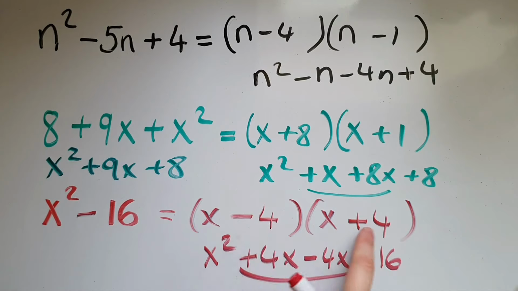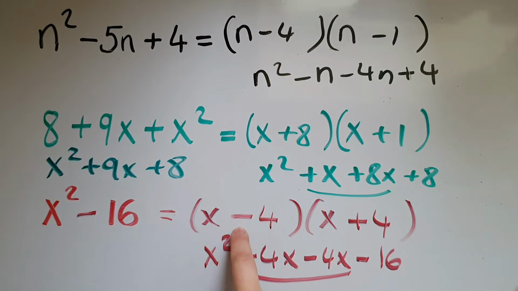So numbers that you could put here are negative 1 and 1, negative 2 and 2, negative 3 and 3, negative 4 and positive 4, negative 5 and positive 5, and so on. And that final term is going to be a square number, like 1, 4, 9, 16, 25, 36, 49, and so on.